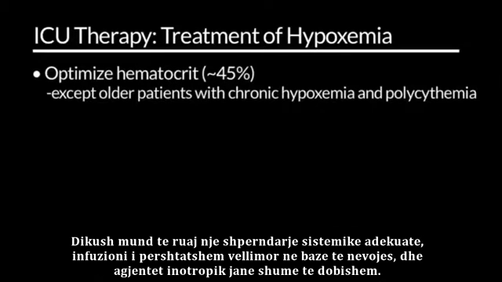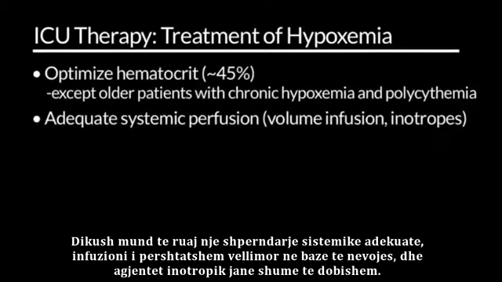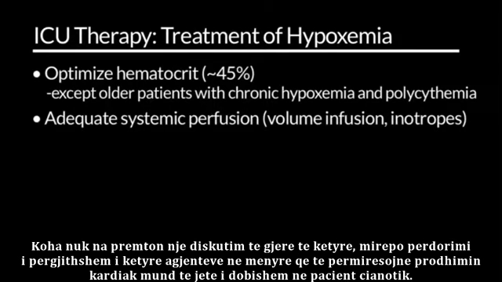One can do one's best to obtain adequate systemic perfusion, appropriate volume infusion as needed. Inotropic agents can be very helpful. Time does not permit a full discussion of these, but the general use of these agents to improve cardiac output can be helpful in cyanotic patients.